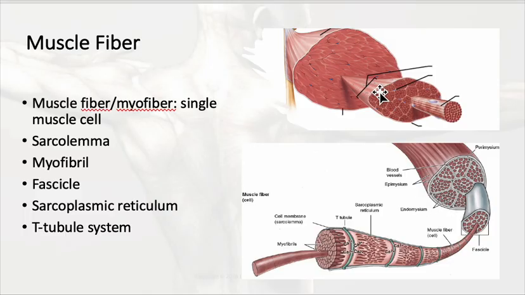So if we zoom in deeper, we see the whole muscle and then a collection of myofibers that can behave synergistically, basically bundled into a fascicle. And each fascicle is encased in a layer of connective tissue called the perimysium.